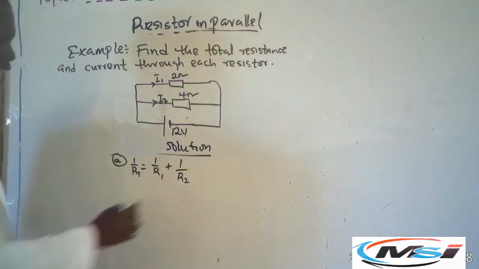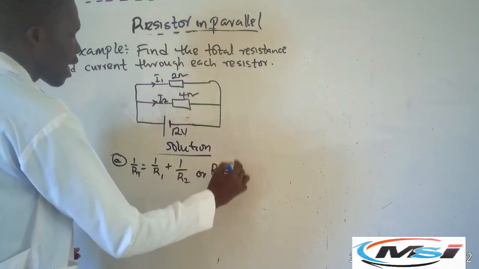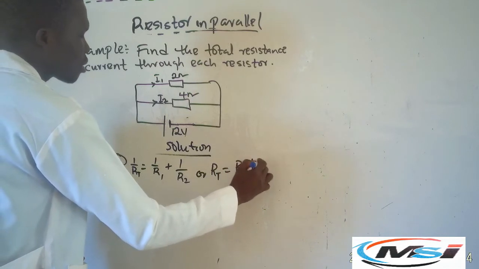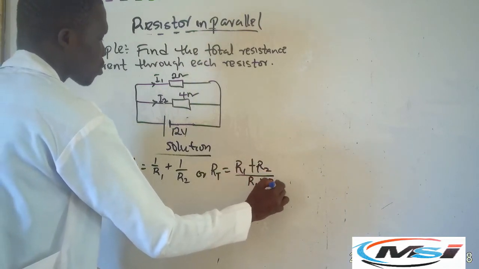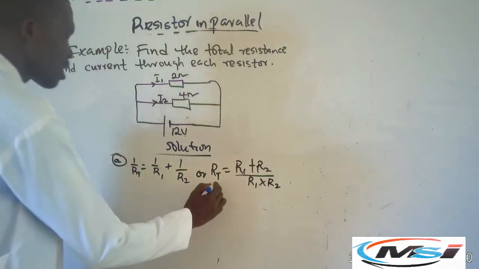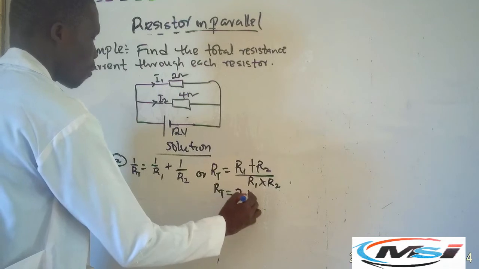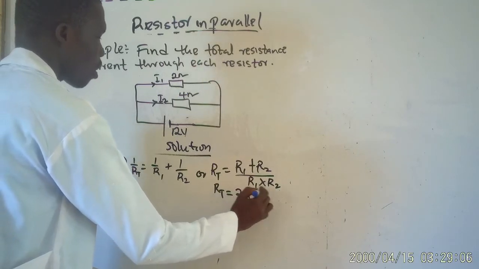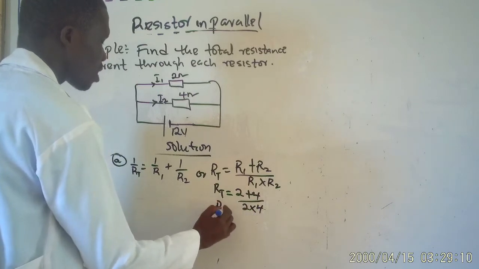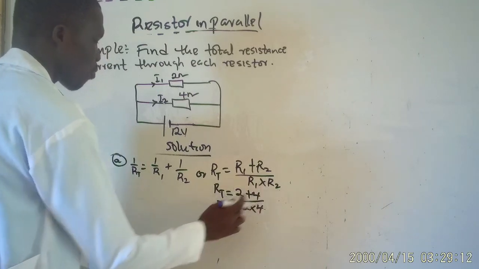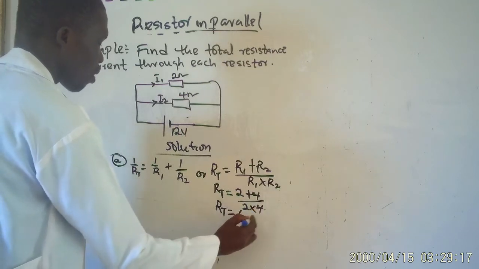Remember the formula I gave you: RT equals R1 plus R2 divided by R1 times R2. So RT will give us 2 plus 4 divided by 2 times 4. 2 plus 4 gives 6, and 2 times 4 gives 8.